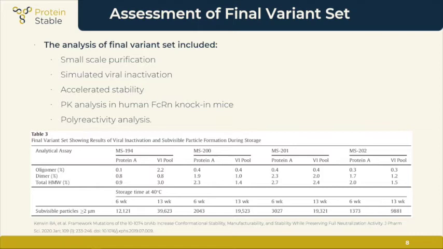This is where they incubated the antibodies for 6 and 13 weeks at 40 degrees. If you look at the numbers, you can see that MS202 has performed the best there. And it was this particular antibody variant, MS202, that the authors concluded was their most optimized form, and that would be their ideal candidate to progress with the rest of the development program.